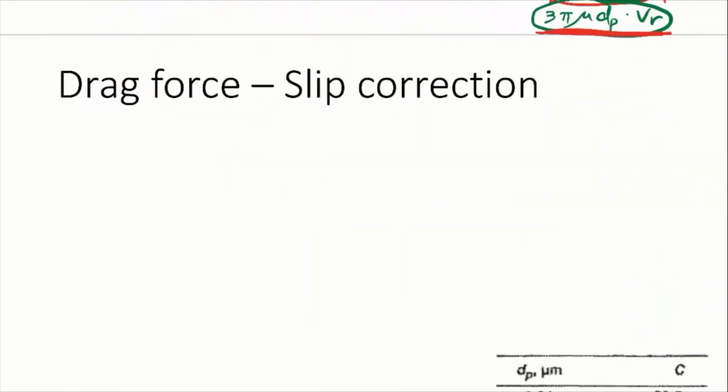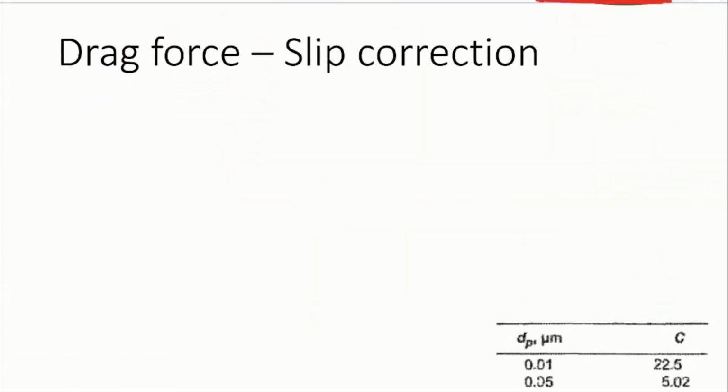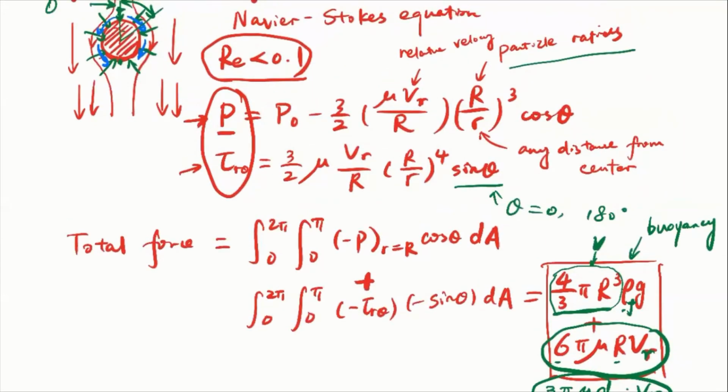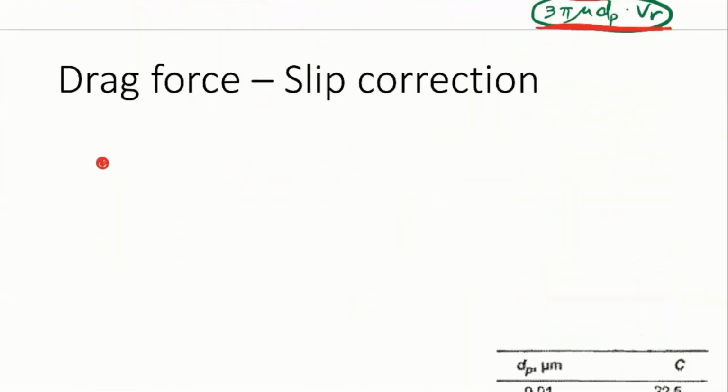But if we consider these suspended particles in the air, some of them can be very small, right? When they are small to a size that you cannot treat the gas or air as a fluid anymore, what happens if a particle has a size similar to a molecule? We know that all of the force applied onto the particle is just because of the bombardment, basically collisions between the molecules and the particle, right?